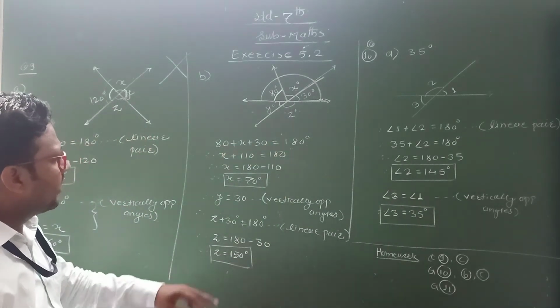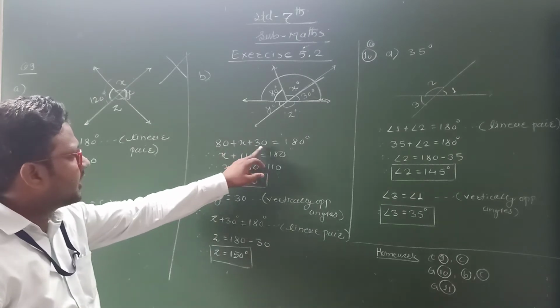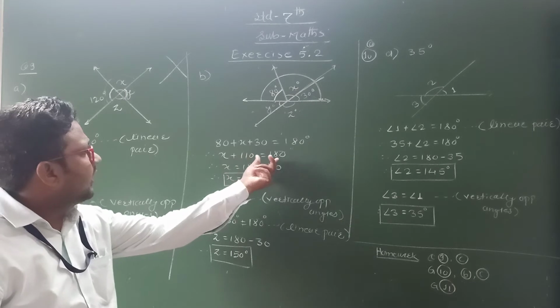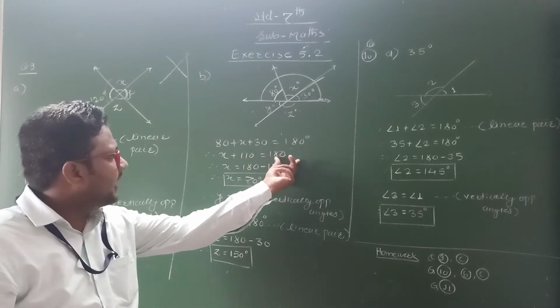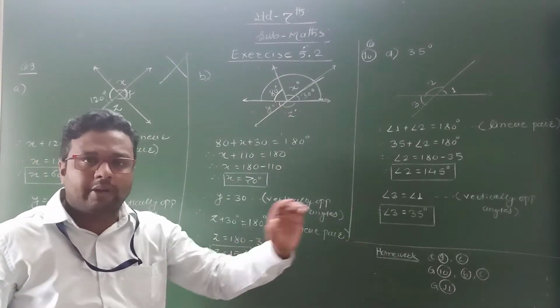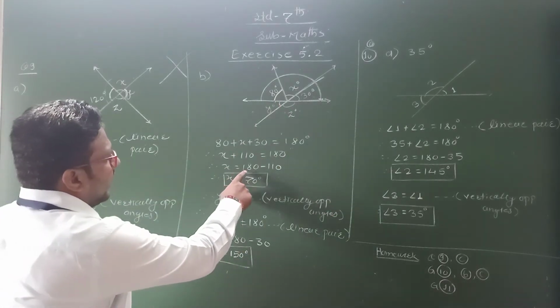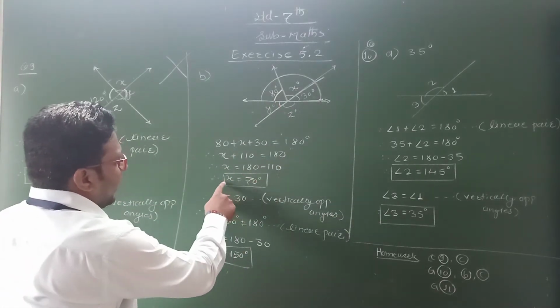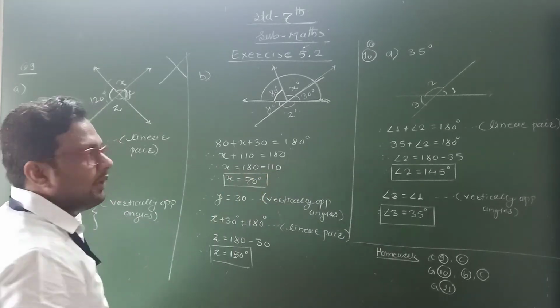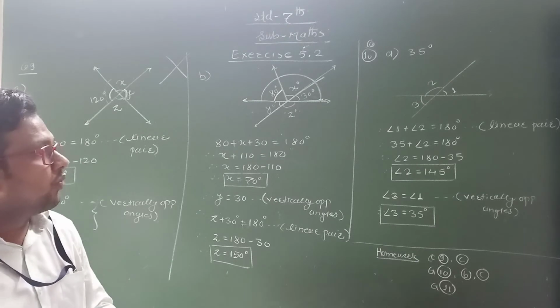Here we get the equation. Then x, 80 plus 30, that is 110, is equal to 180 on the right hand side as it is. X is equal to, we transfer plus 110 become minus 110. Then 180 minus 110. X is equal to what? 180 minus 110. Here we get the 70 degree. This is the answer for x.